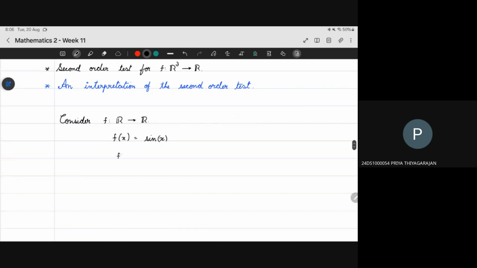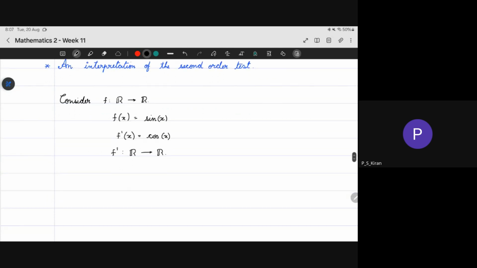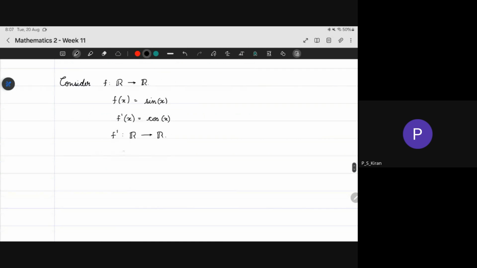What is f prime of x? Cos x. That's just cos of x. But you see, f prime is also a function from R to R, right? So I can further differentiate this.